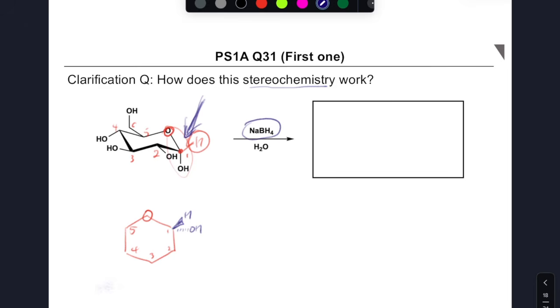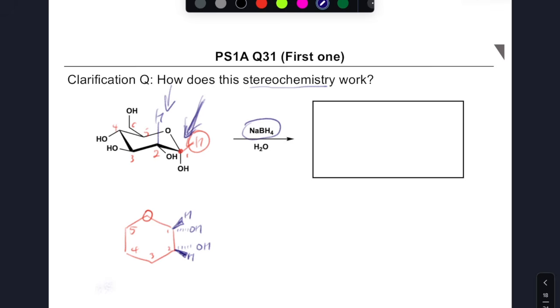Okay, moving to the next center, I'm going to go to carbon 2. Once again, looking from the top, the first thing that's pointing out at me is the hydrogen, and then in back is the oxygen. Again, that's the relative position over here, because remember, there's an axial hydrogen sticking up. Viewed from the top, the hydrogen is pointing towards me in that one. We go around each center in the same way.